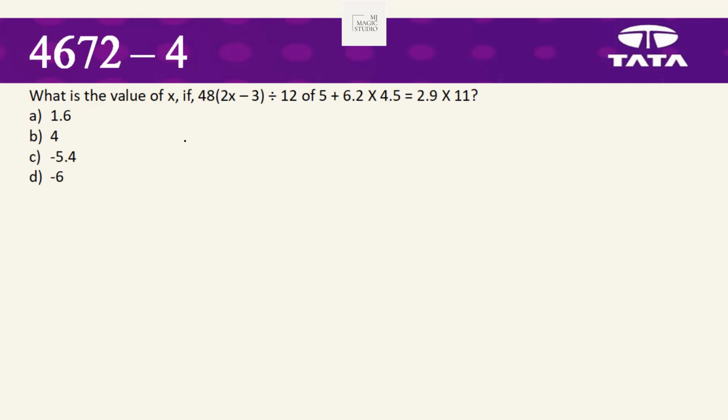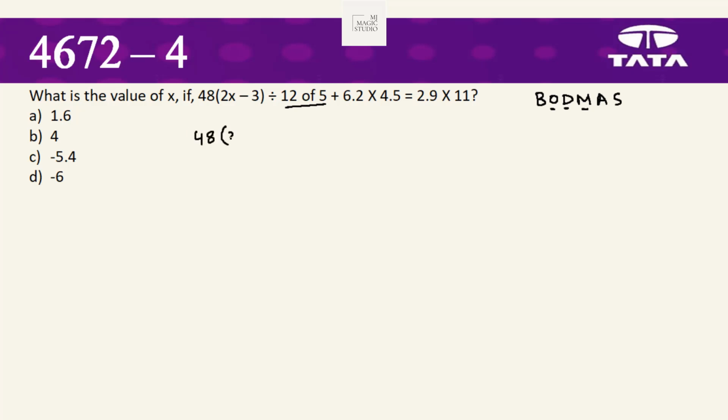Okay, again a fantastic take on simplification. What is the value of x if this expression is equal to 2.9 into 11? Whenever these kinds of simplification questions are there, we will try to follow the BODMAS rule. Of first, and then divide, then multiply. This goes like this. So we have this of first. 12 into 5 is 60 and then divide.